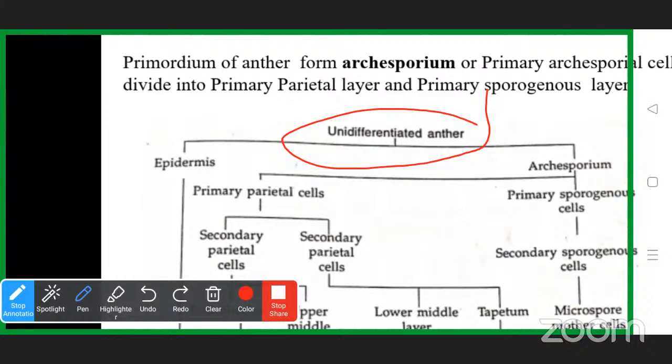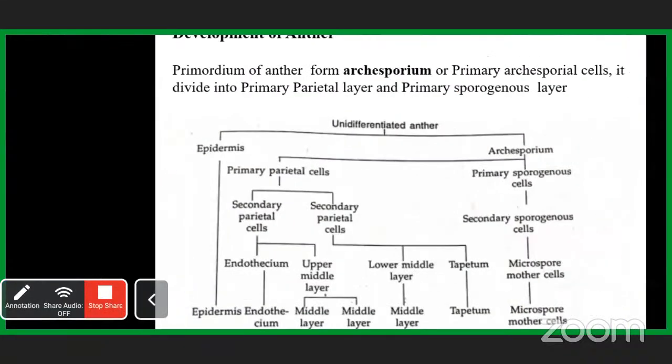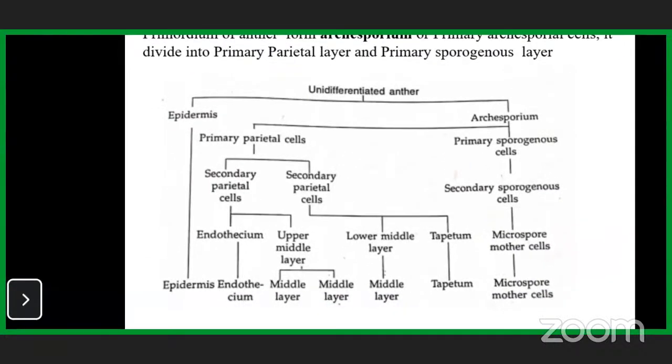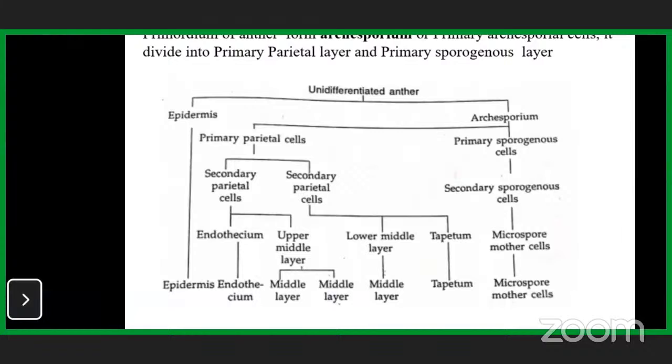Okay, that divides into two. The first one is the epidermis, the second one is the archisporium. Epidermis is the outermost layer, which gives envelope, strength, support, size, and shape.